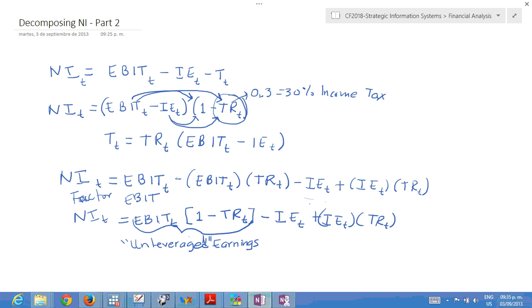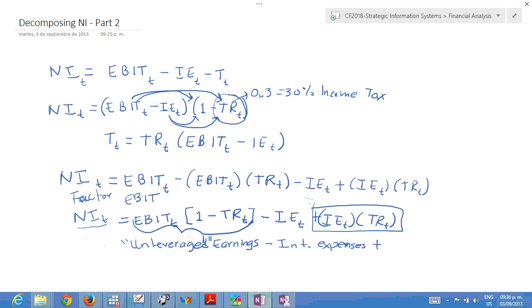That means the net income is unleveraged earnings minus interest expenses. Interest expenses is what the company pays for the interest in a financial debt, in a financial loan. And then here is what is very interesting. You have a plus here, and that is adding value to the net income.